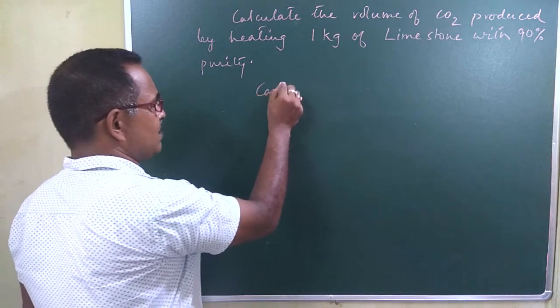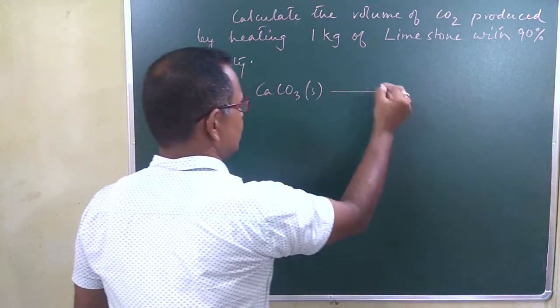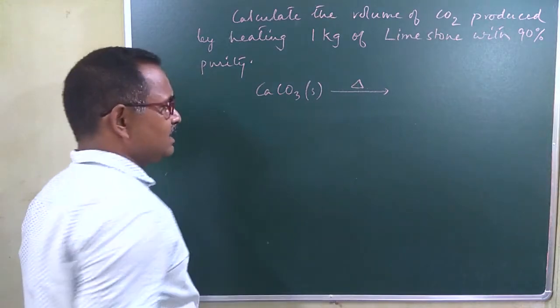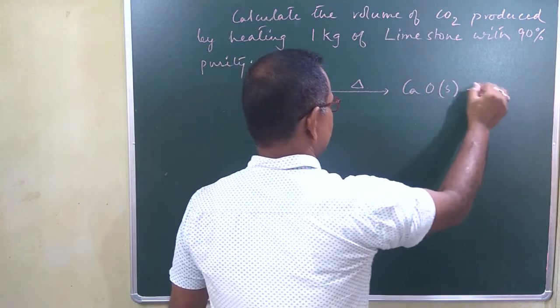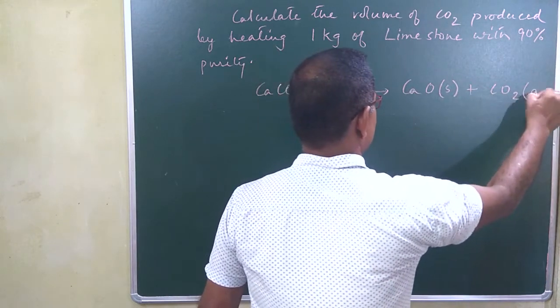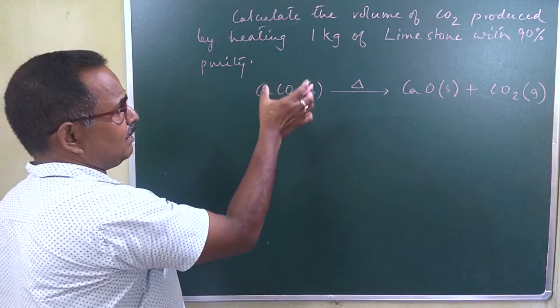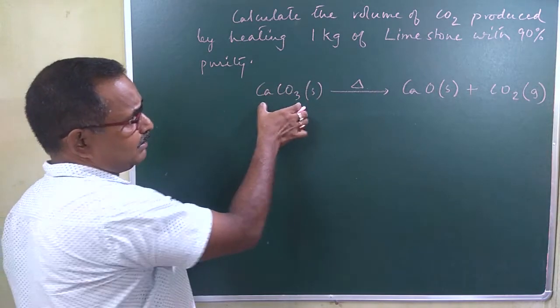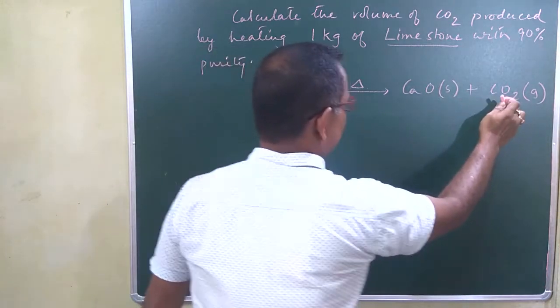Limestone means calcium carbonate. This is a solid substance. When it is heated strongly, we will have calcium oxide solid plus carbon dioxide gas. Okay. We are to relate mass of calcium carbonate, that is limestone, with volume of carbon dioxide.